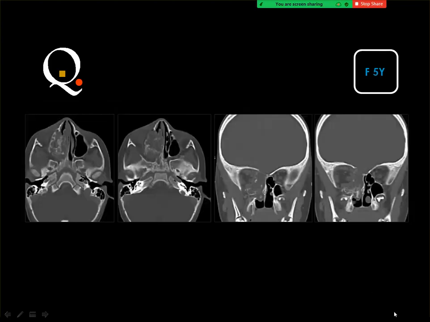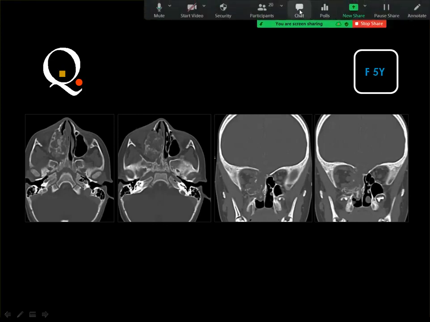Next case is a child 5 years old with a mass in the nasal fossa on the left side with destructive changes, intraorbital extension, and the erosion of the floor of the anterior cranial fossa.